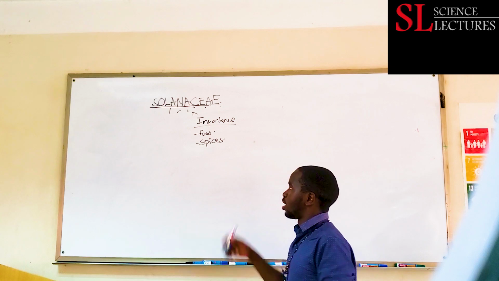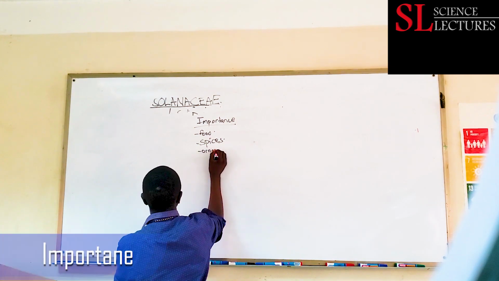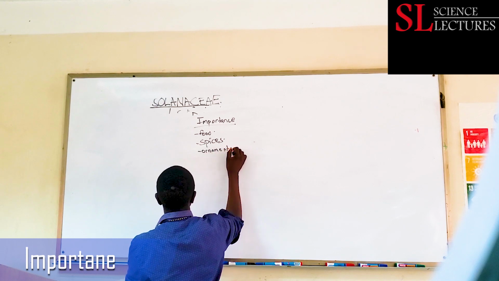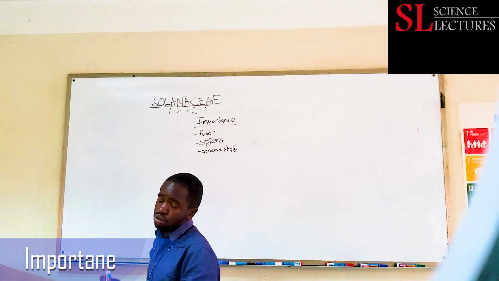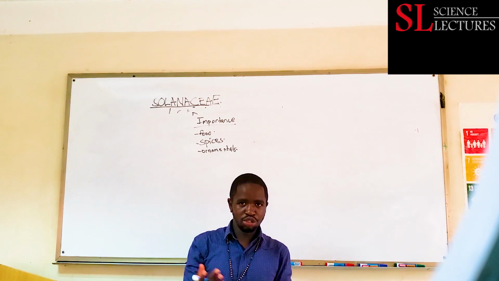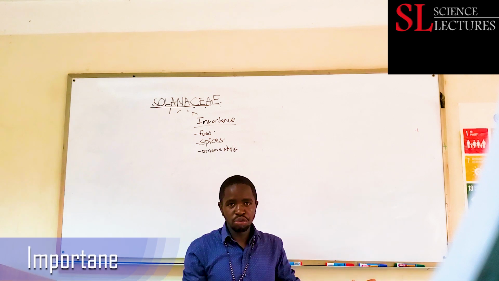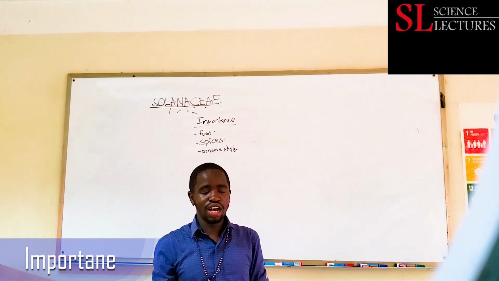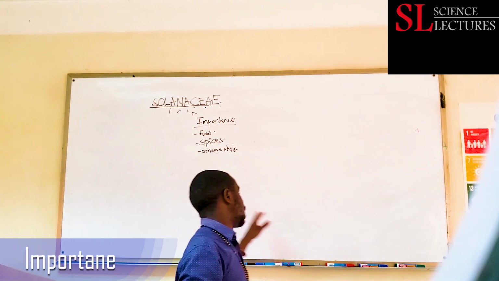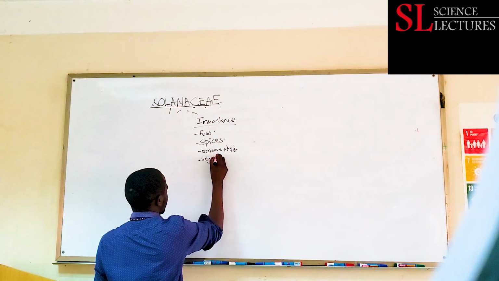So some are used as spices, some are used as ornamentals. Nicotiana tabacum was usually grown at home as an ornamental. Jimson's weed, some people have it in their compounds as an ornamental. Then some are used as vegetables.